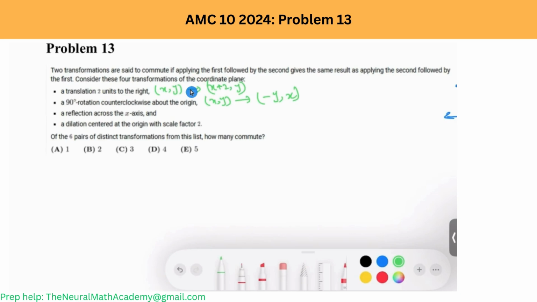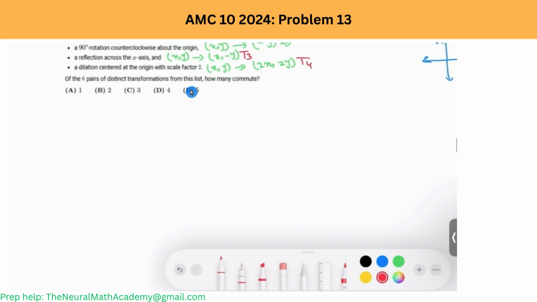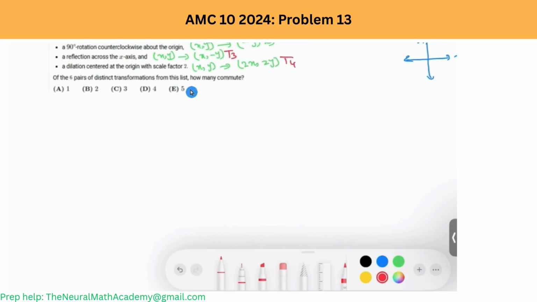The third one maps (x, y) to (x, minus y). The last one maps (x, y) to (2x, 2y). Also, let's name these transformations T1, T2, T3, and T4.